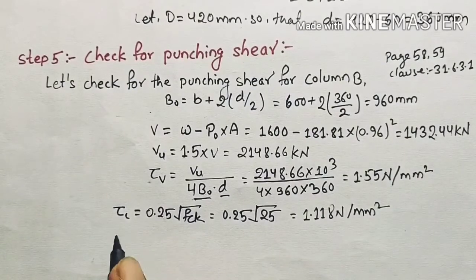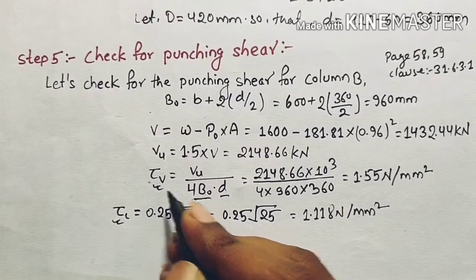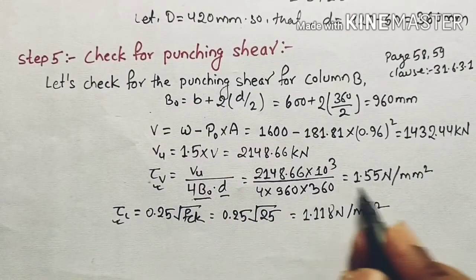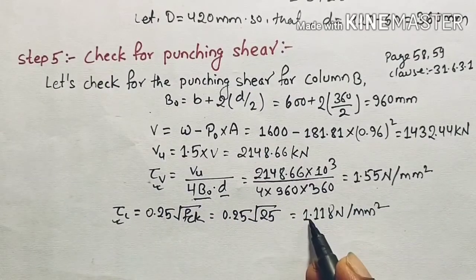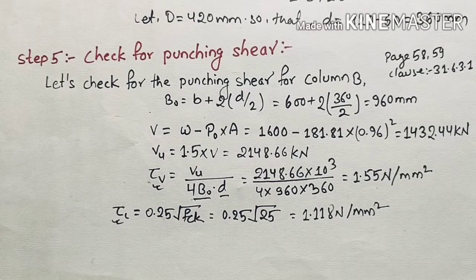Now see here guys, this is our permissible shear stress and this is our actual shear stress. As you can see, the actual shear stress is greater than our permissible shear stress. It means our section is not suitable against the shear, that is punching shear. So we need to find the suitable depth of the given footing.